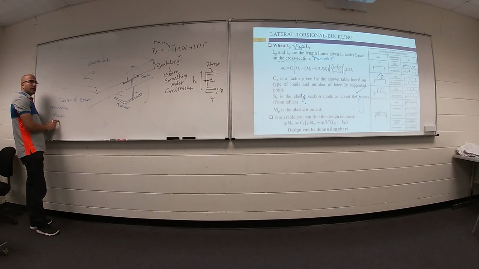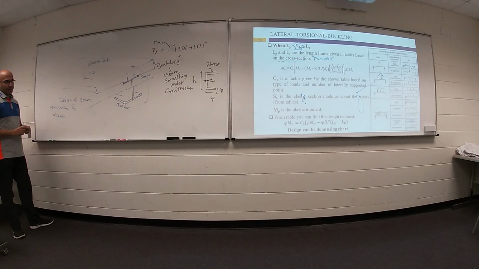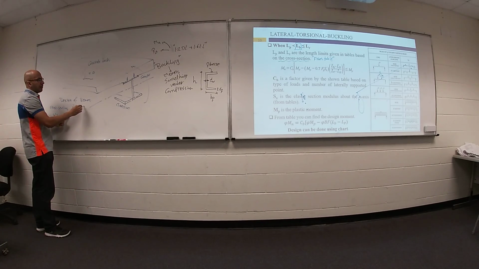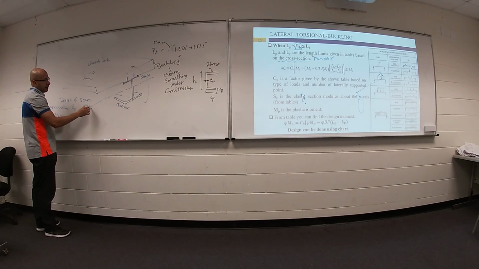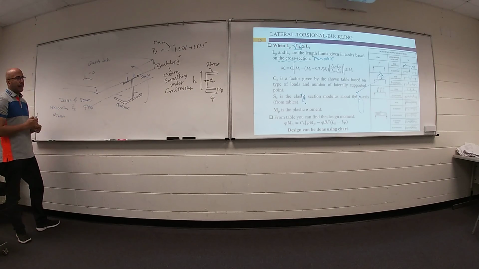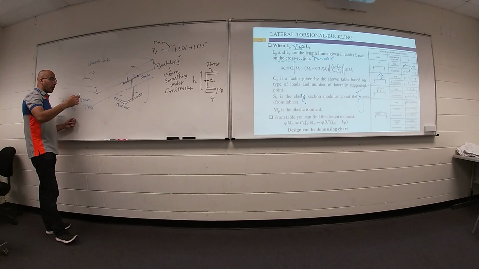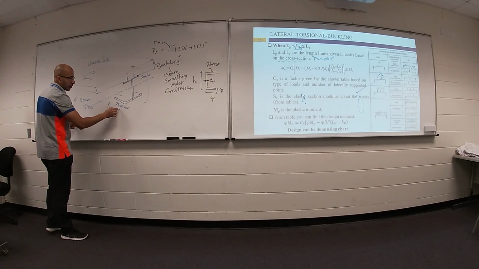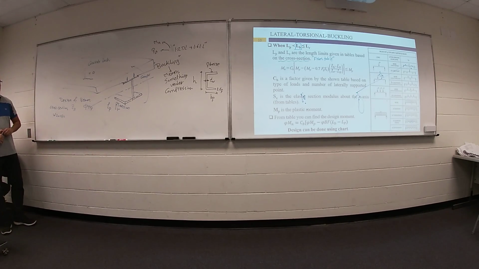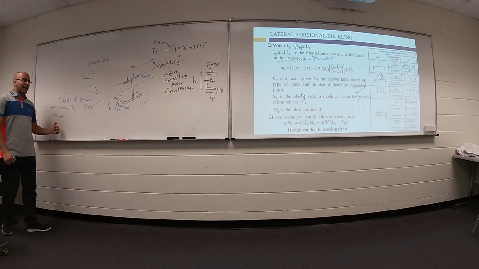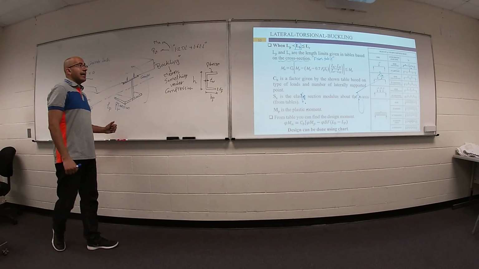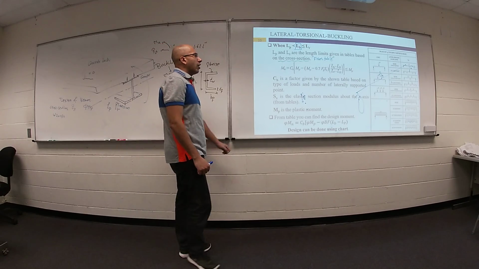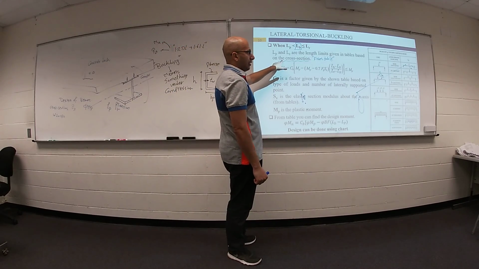We used this table last time. First column is ZX, one column is Phi M plastic or ML, and there is another column for LP and LR. So from this table, I can figure out the lengths LP and LR based on your cross section.